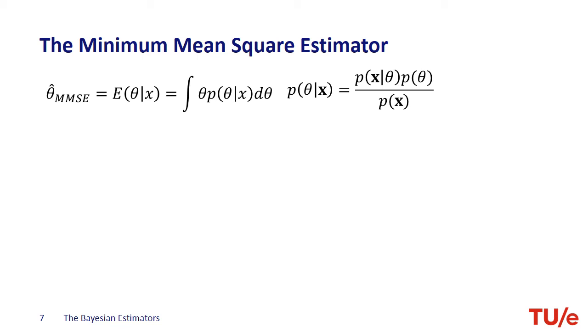This is a rather tough integral expression. While we can calculate MAP by just focusing on the likelihood and the a priori, we have to evaluate the whole Bayes theorem expression and then calculate the expected value to achieve the minimum mean square estimator.